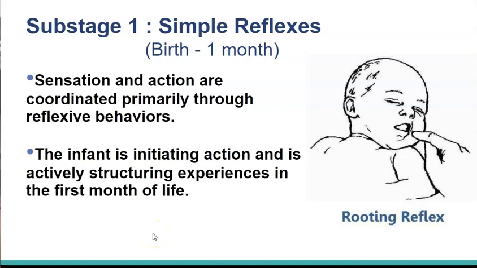Doing these simple reflexes allows children to actively experience and structure experiences around them in their first month of life.